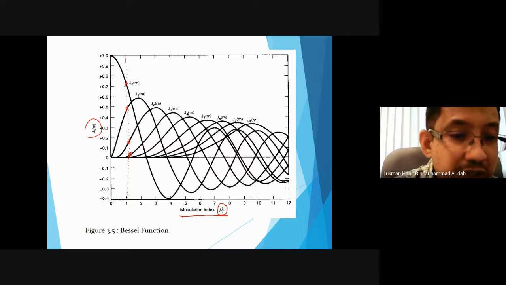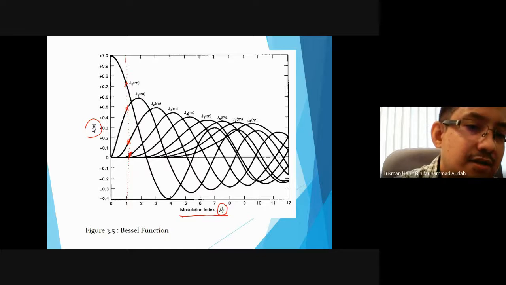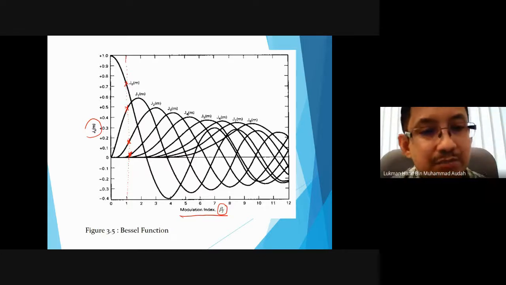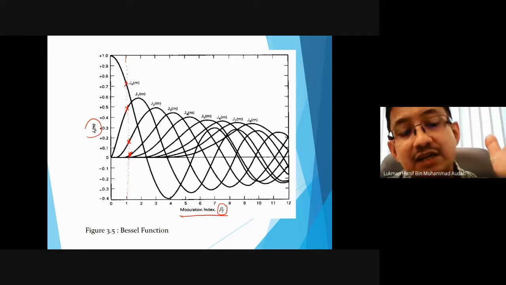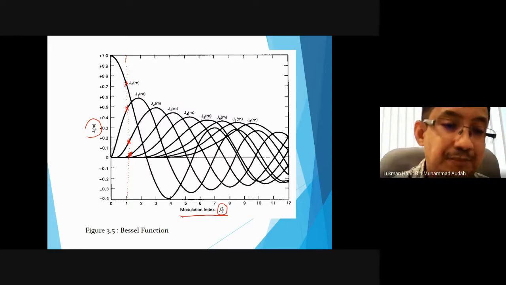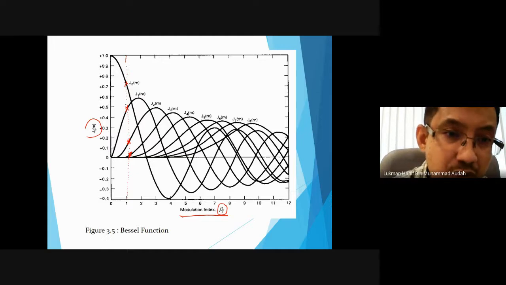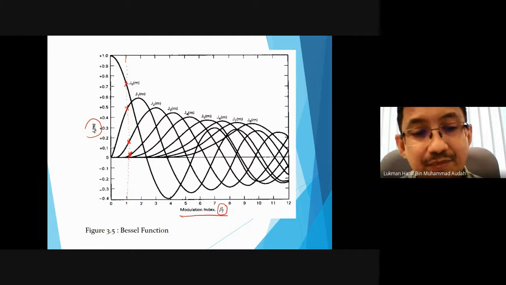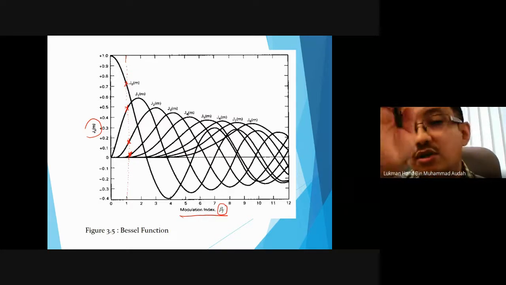Nilai dalam table itu adalah nilai yang kita garis silang ni. So kalau beta F1 kita guna pembaris, di mana dia akan bersilang itulah dia nilai J. Berapa nilai J0, J1, J2 dan also J3. That one is we use a ruler.